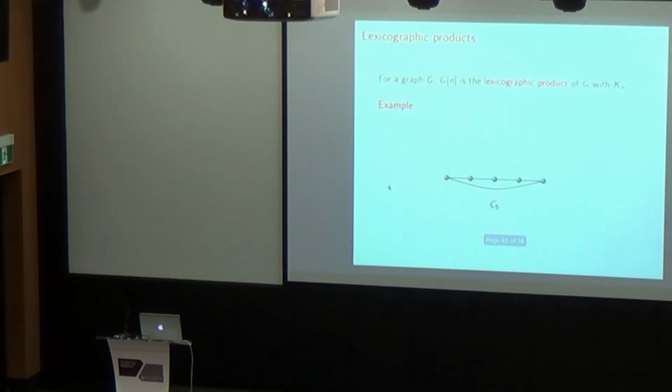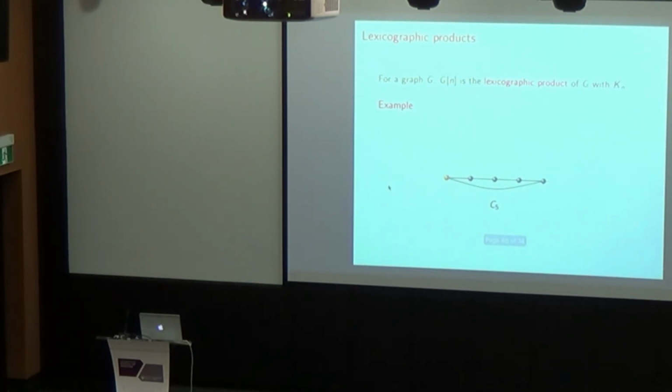In case you're not familiar with the lexicographic product, in particular, we're looking at a lexicographic product of a graph G with an empty graph on n vertices. So for example, if we have C5 here, I'm going to take the lexicographic product of C5 with K3 bar. I'm just going to rewrite the C5.